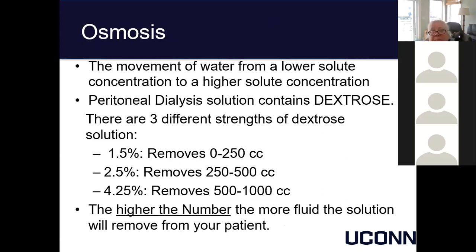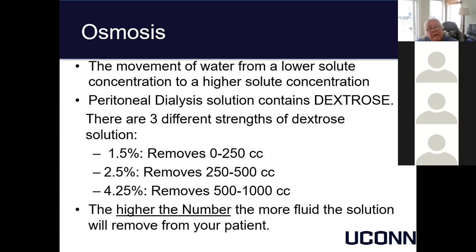The higher the percentage of concentration of the dialysate, the more excess fluid is removed. Somebody who's getting a 1.5% dialysate is a person who doesn't have much of a problem with fluid balance. You're not taking a lot of extra fluid off.